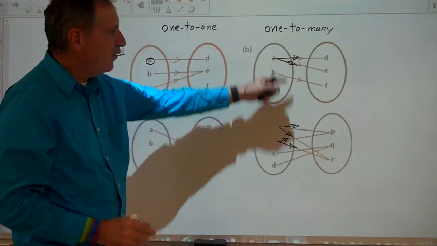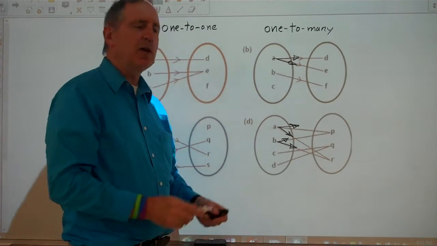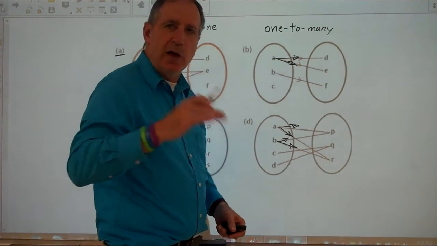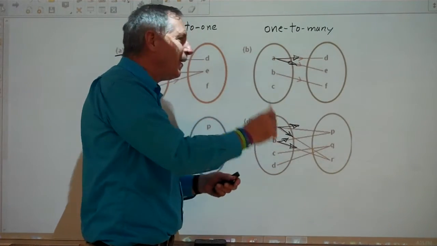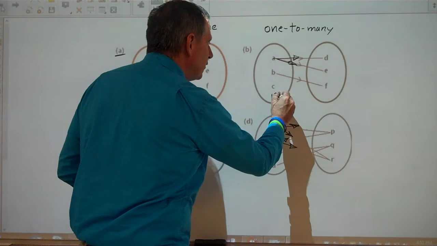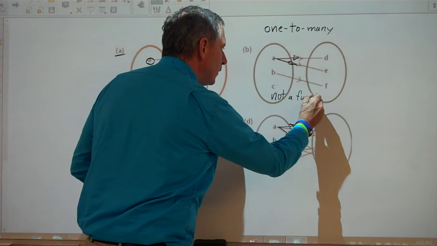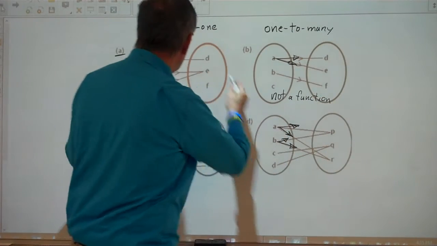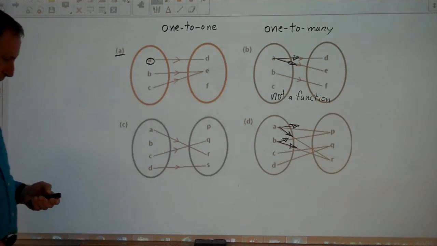In this situation on the right, it would be like going to a vending machine, and when you enter your money and press the button, you're not exactly sure what you're going to get. That is not a function. Whereas these examples on the left would be functions.